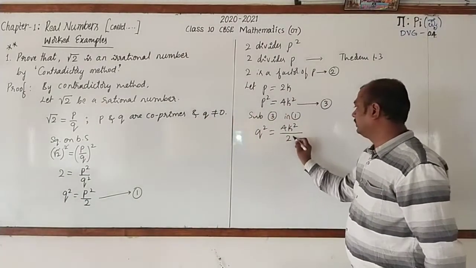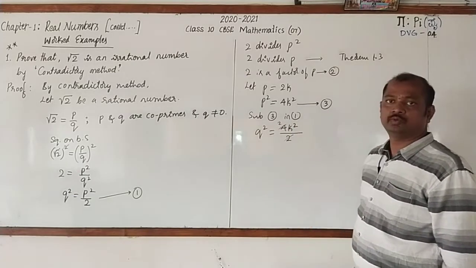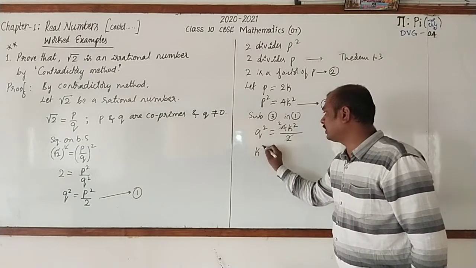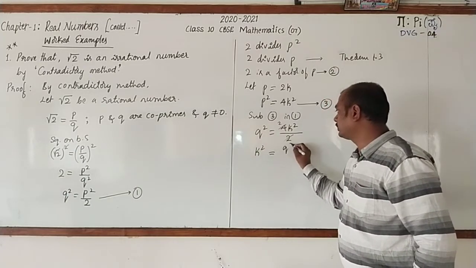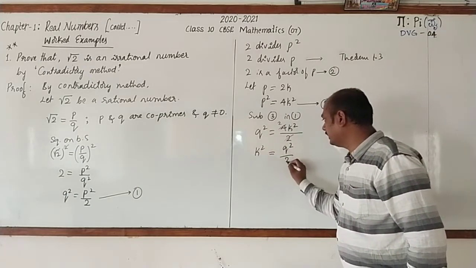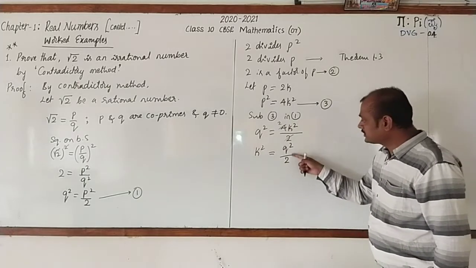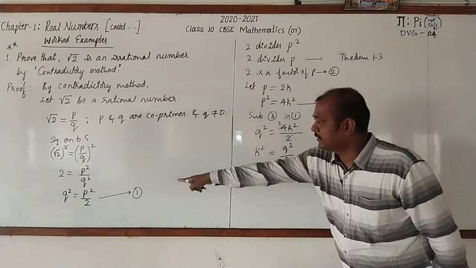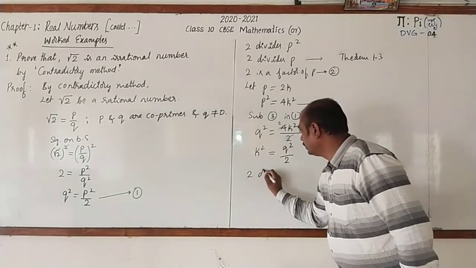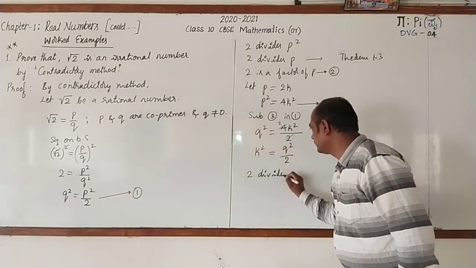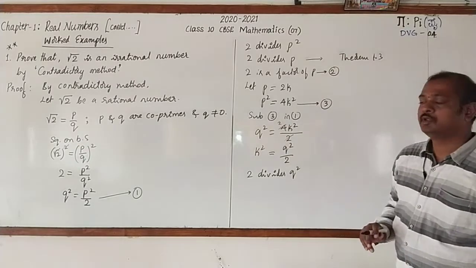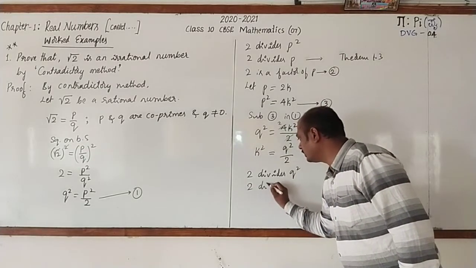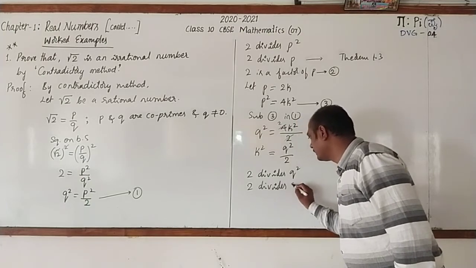Now you can divide: 2 ones are 2, 2 twos are 4. So 2k square equals q square, and solving, k square equals q square divided by 2. Now you tell me, what is the meaning of this? It means 2 divides q square. If 2 divides q square, then 2 also divides q.